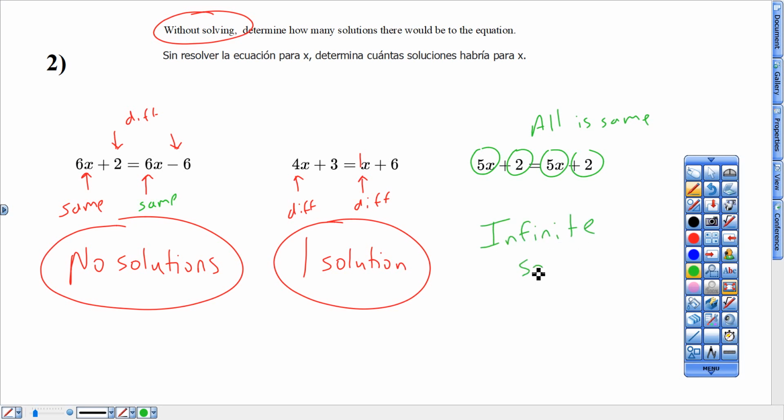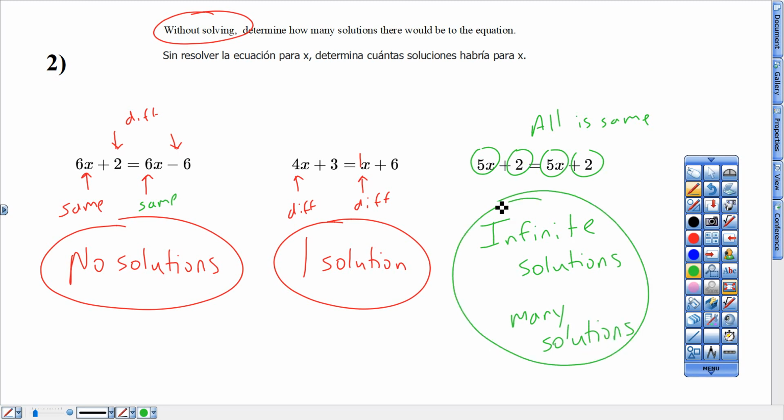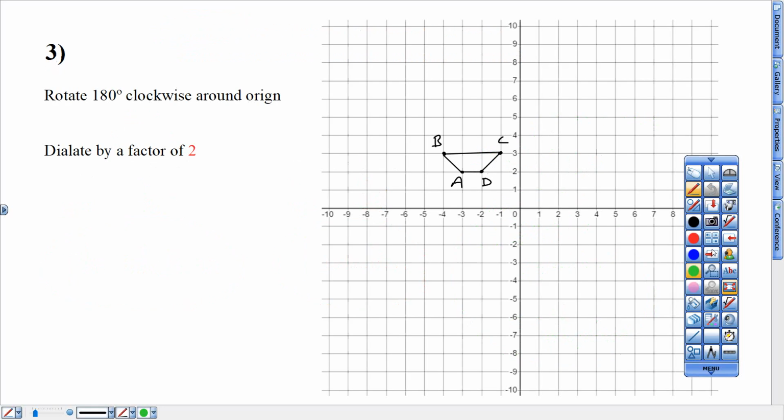Infinite solutions, or that's another word for many, many solutions. All right, but again, same numbers in front of x, but different plain number without the x, no solution. Different number in front of x, instantly 1 solution. And if everything's the same, that's instantly infinite solutions.